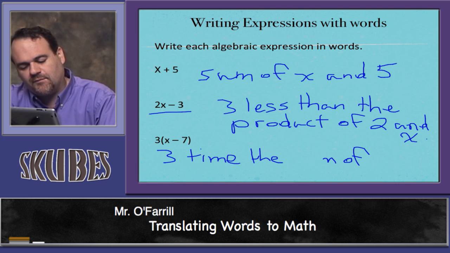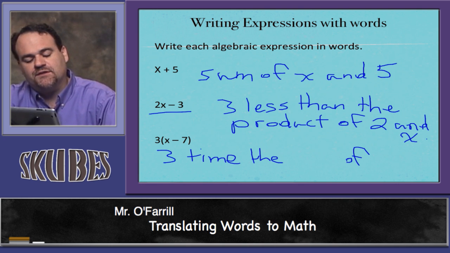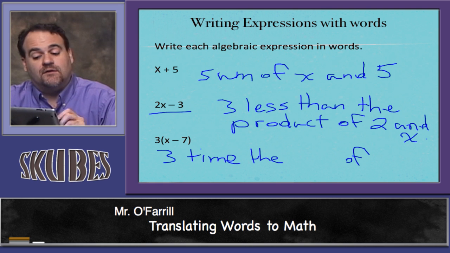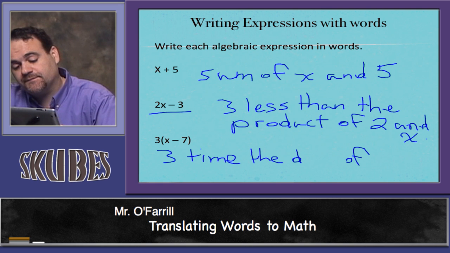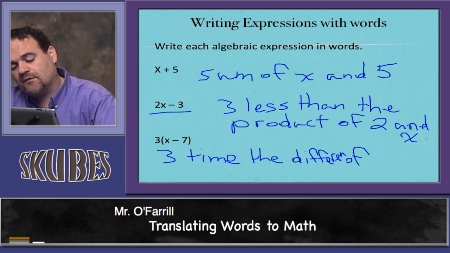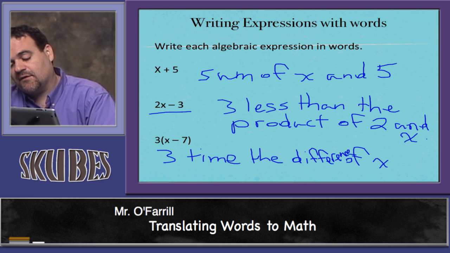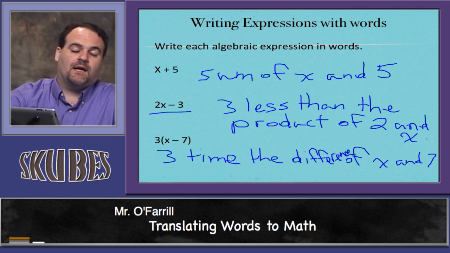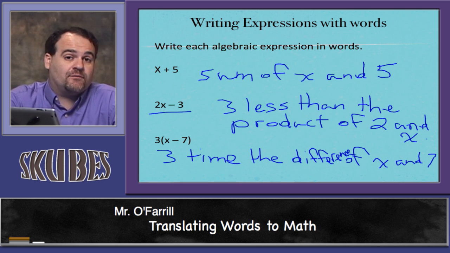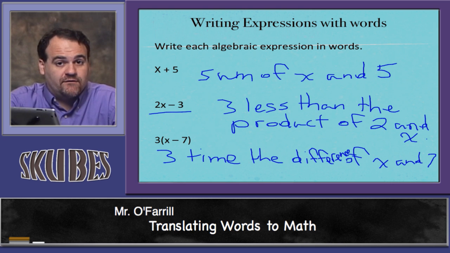We don't say sum here. What's another word that we should be using for subtraction? Difference. The difference of x and 7. And that's how you can go back and forth between algebraic expressions and verbal expressions.